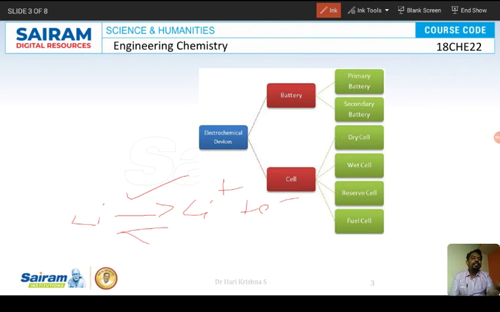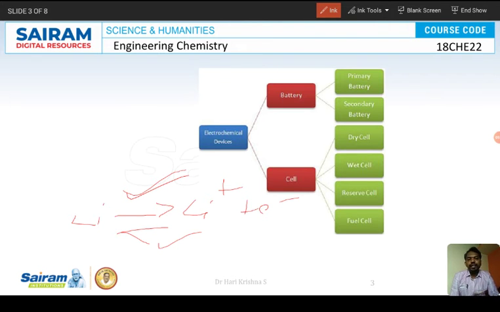This reaction is reversible. The forward reaction is called discharge, whereas the backward reaction is called recharge.